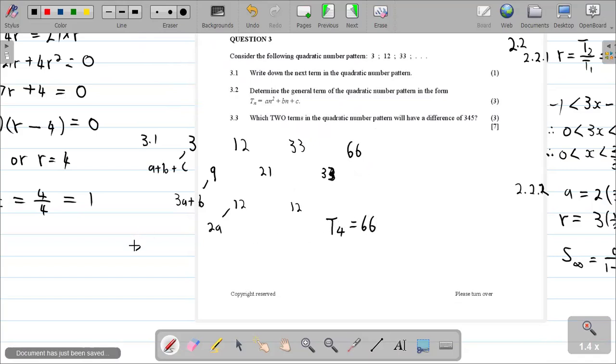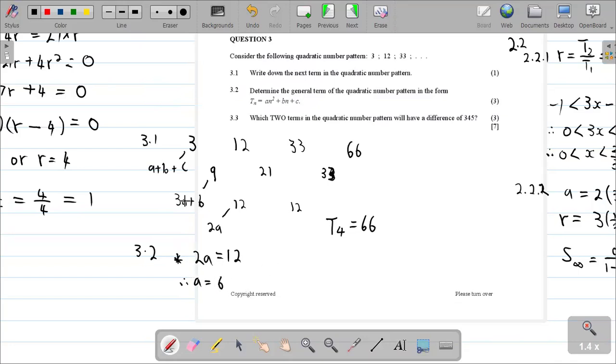Then 3.2, they say determine the general term. So we have to find A, B, and C. So we start here with 2A. We know that 2A equals to 12, so therefore A equals to 6.